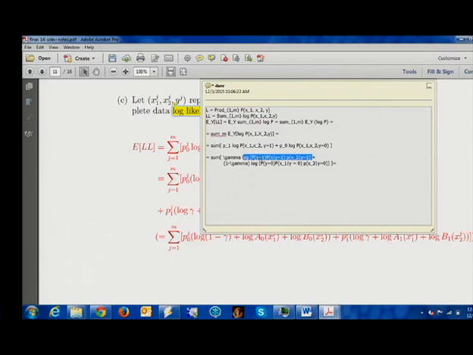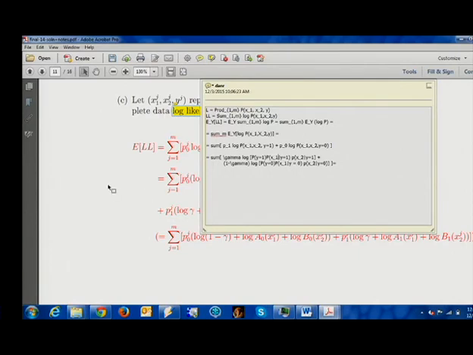It's P of y being 1, P of x1 given y being 1, and P of x2 given that y is 1. And the same thing here: 1 minus gamma, log of P of y being 0, x1 given that y is 0, and x2 given that y is 0. Okay, so really no magic.